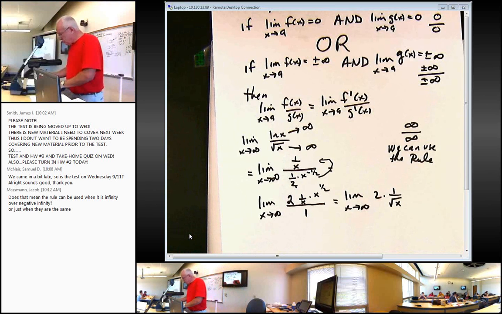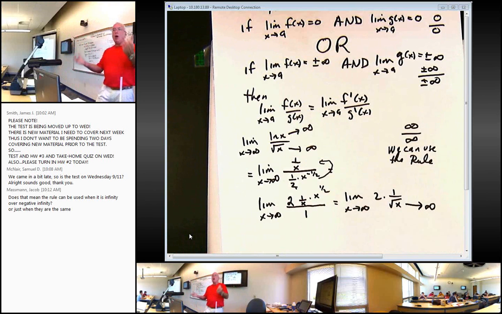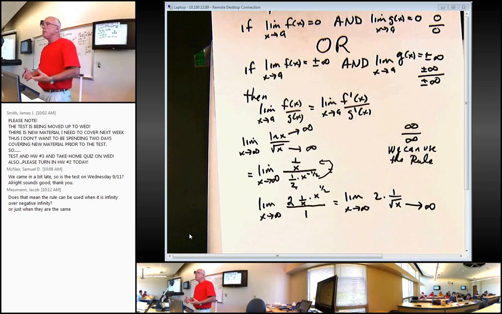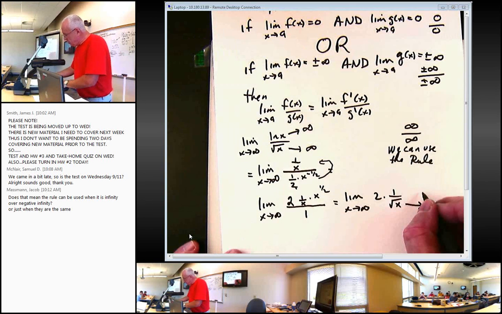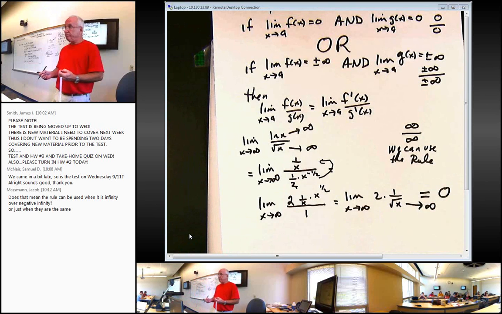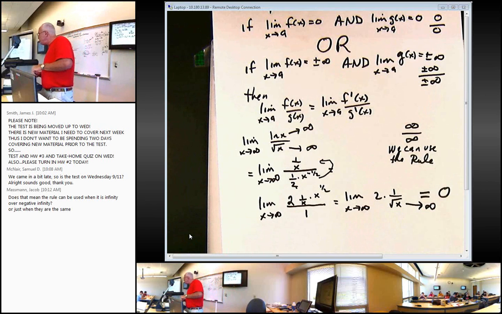As x goes to infinity, this square root denominator also goes to infinity. So we get a really, really big number in the denominator, so that means that our limit here is going to be 0. And that's our answer. One application of L'Hopital's rule.